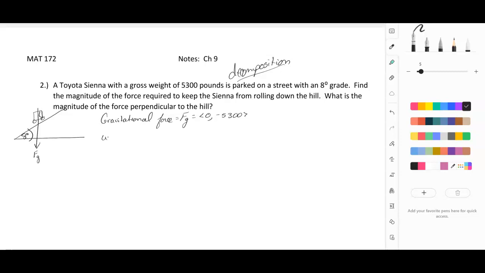So I need a vector. Now I'm going to use a unit vector along the ramp. So this is going to be, I'll call it vector u. You can think about it as cosine of 8 degrees, sine of 8 degrees.